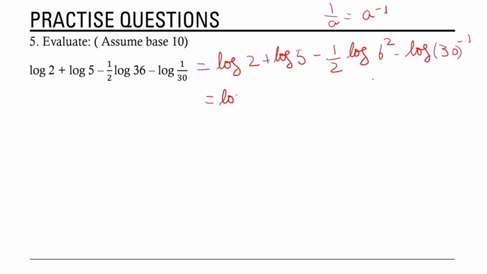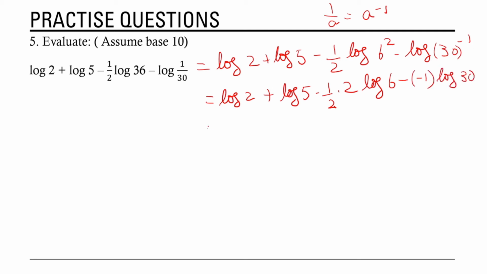This is equal to log 2 plus log 5 minus half into log 6 square, which is 2 log 6, minus log 30 raised to minus 1, which is minus 1 log 30. So this is equal to log 2 plus log 5, half into 2, this 2 gets cancelled, minus log 6, minus of minus 1 is plus 1 into log 30.